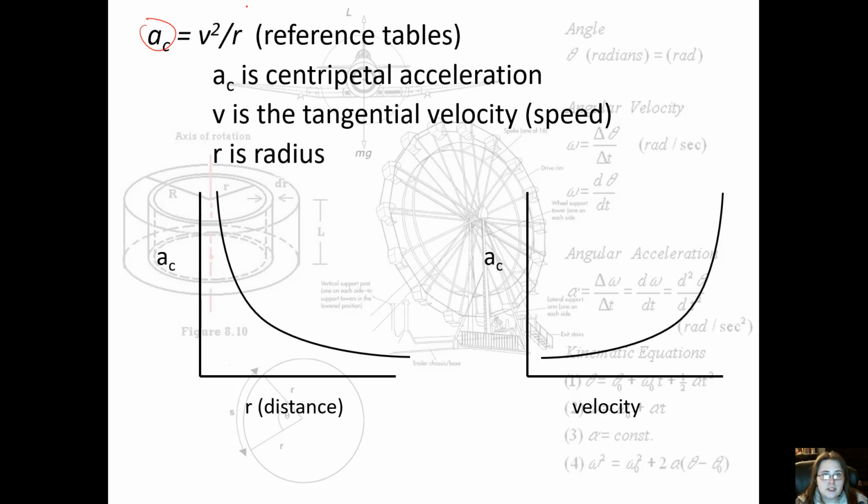So as you can see, if you have a small radius, you'll have a big centripetal acceleration. If you have a big radius, you'll have a small acceleration. Here, as the velocity increases, the acceleration also increases, and it's going to increase exponentially based on that polynomial.